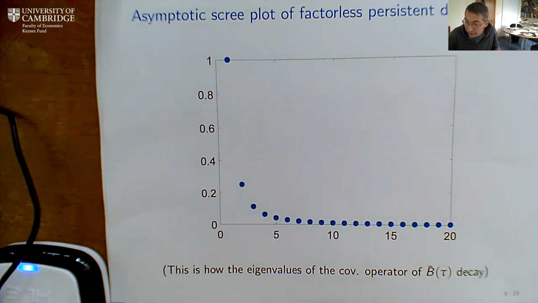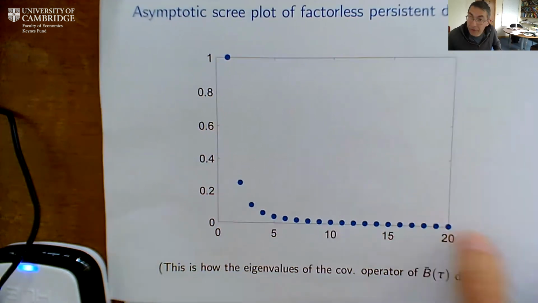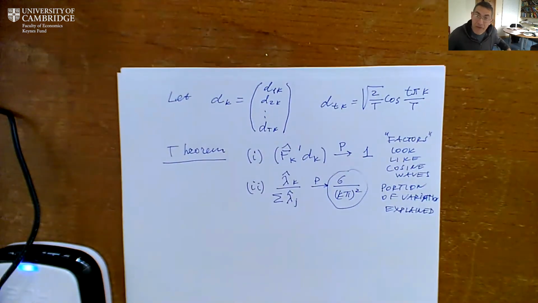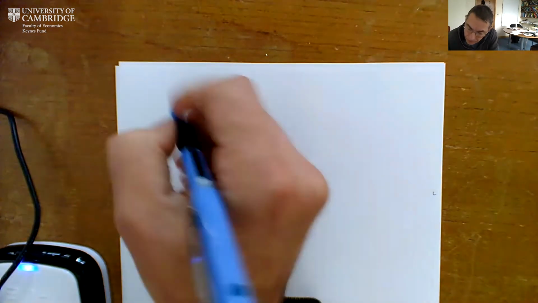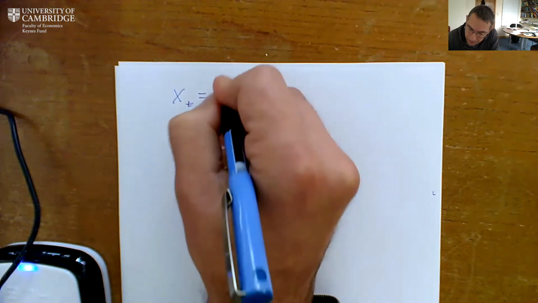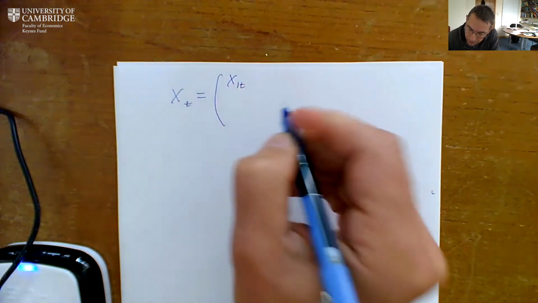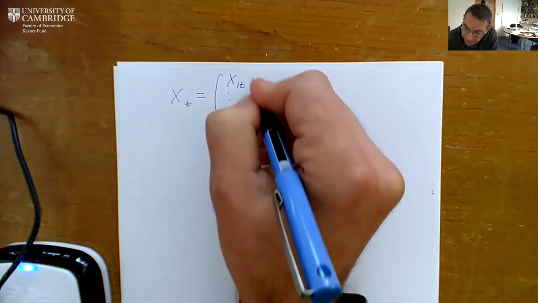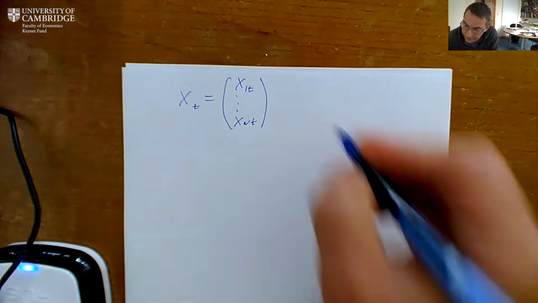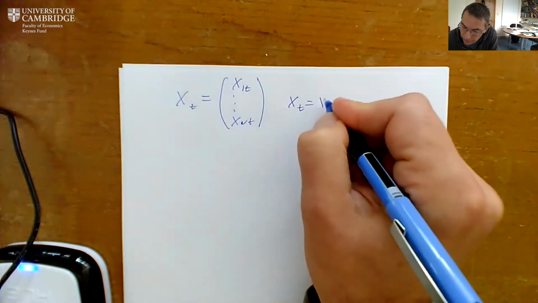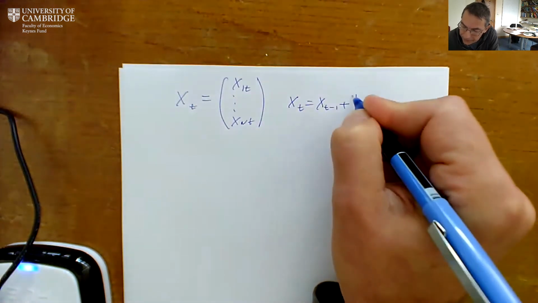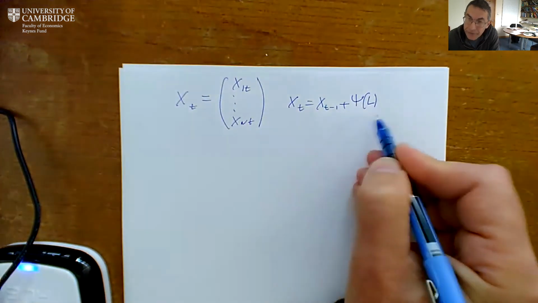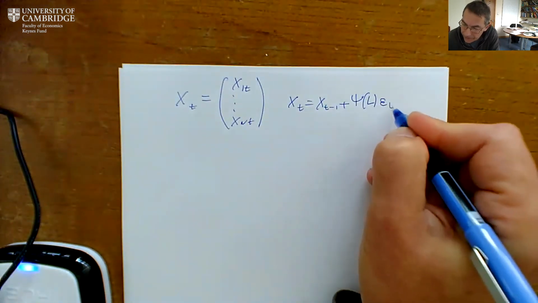And it turns out that it is very, very general in the following sense. I described to you the theorem for completely independent data, but even if you consider data like this, x_t, a vector of data, and then you consider x_t equal to x_{t-1} plus some matrix lag polynomial Psi(L) times epsilon_t.